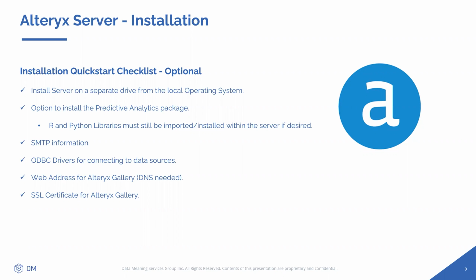Normally the Windows server is installed on the C drive, and we're going to install Alteryx in another drive and another partition. And during the installation, we will have the option to install the predictive analytics package if needed, but be aware that even after installing the package, Python and R libraries still must be imported or installed.